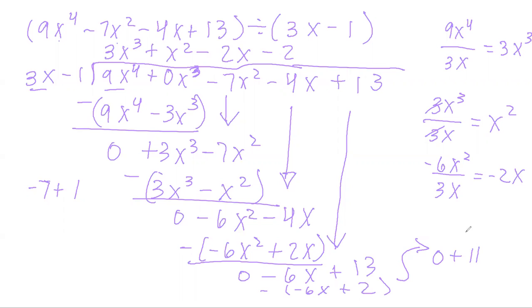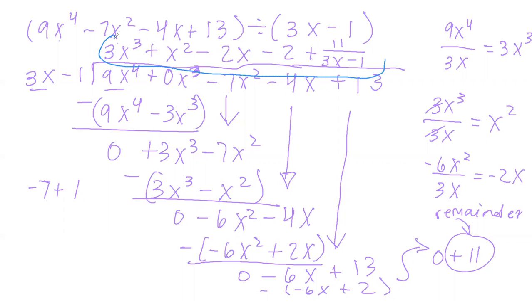So this is my remainder. So I'll make a note here that this is the remainder. So my solution, which I think I'll write up here, is all this plus 11 over 3x minus 1. So this is my answer.